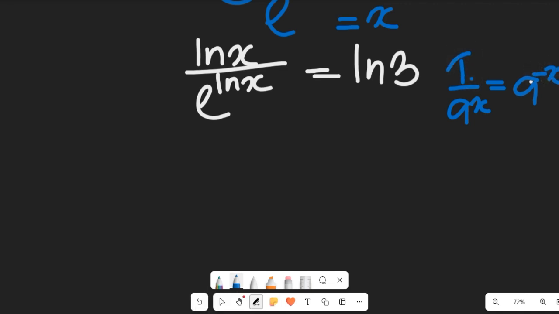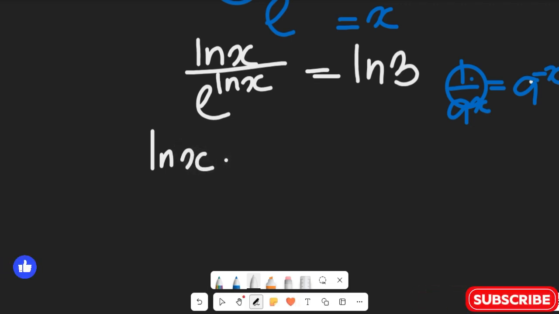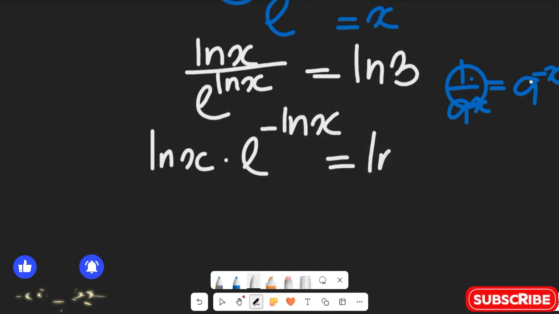Because 1 over is represented by negative x. So this expression will now give me the ln of x multiplying the exponent of the negative value of the ln of x, and this will be equal to the ln of 3.